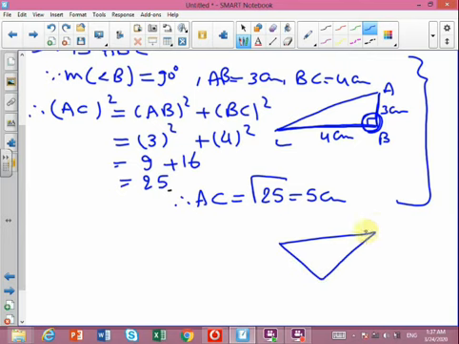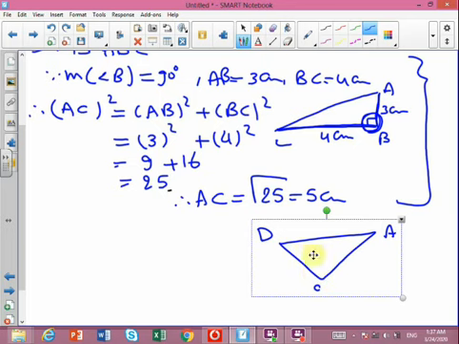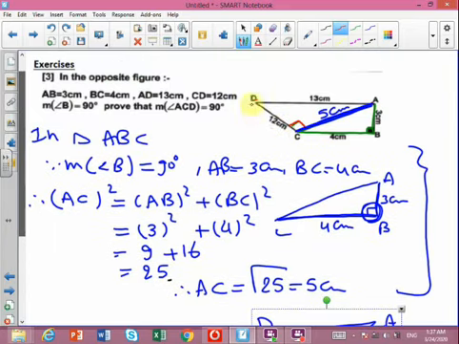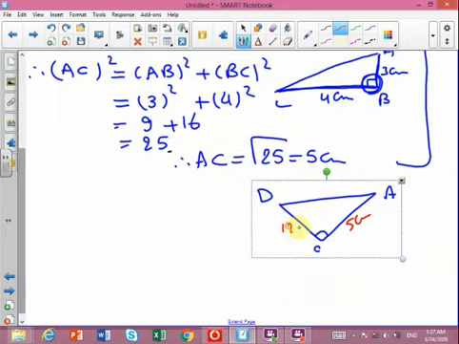He wants me to prove that in triangle ACD, measure of angle C is 90 degrees. I already have AC, I got it 5 centimeters, and given DC is 12 with AD 13. This is 12 and this is 13.